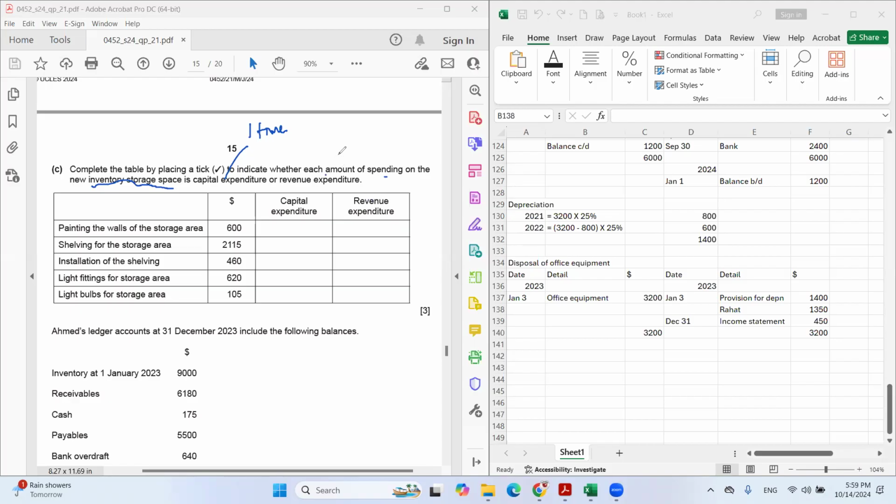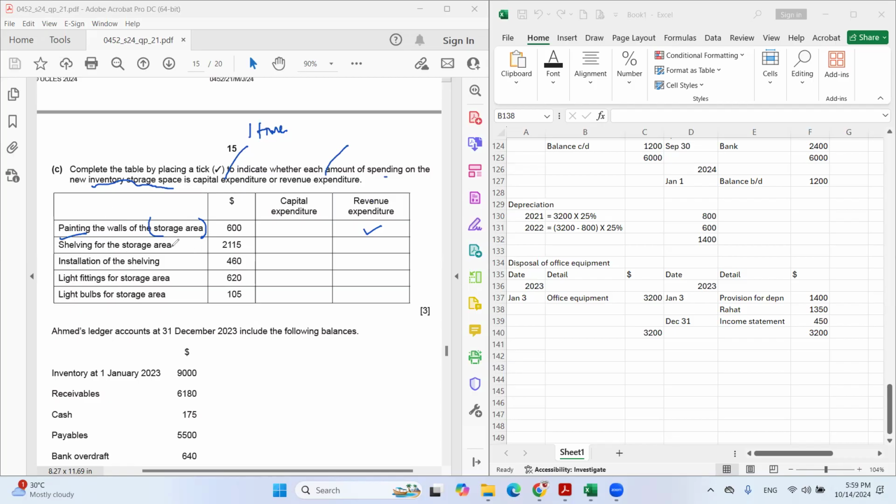Revenue expenditure is the day-to-day operation payment, incurred more than one time normally. Painting the wall of the storage: you already have the existing storage area, so you want to repaint it. This is revenue expenditure.